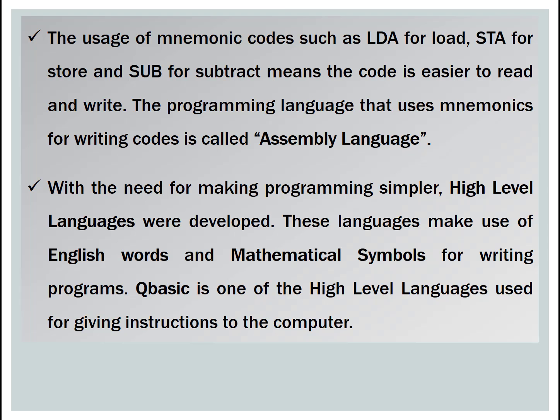The use of mnemonic codes such as LDA for load, STA for store, and SUB for subtract means the code is easier to read and write. The programming language that uses mnemonics for writing codes is called assembly language.